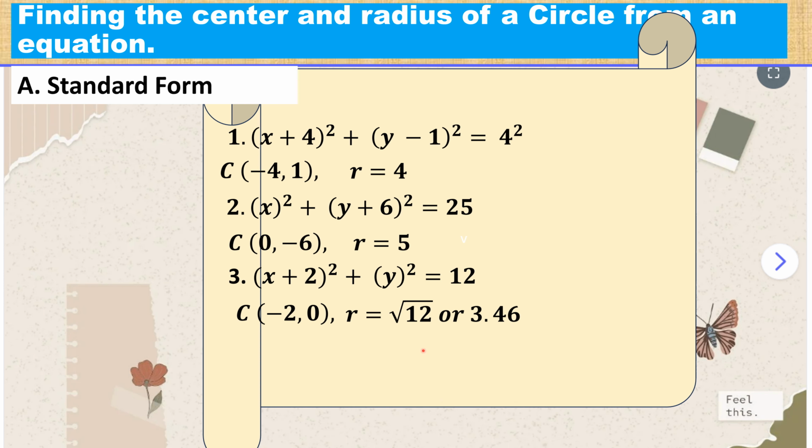So the square root of 12 in decimal is equivalent to 3.46, or you could answer it as is, square root of 12. Okay, so therefore done with number 3. Then let's proceed to number 4. So we have x squared plus y squared equals 100.